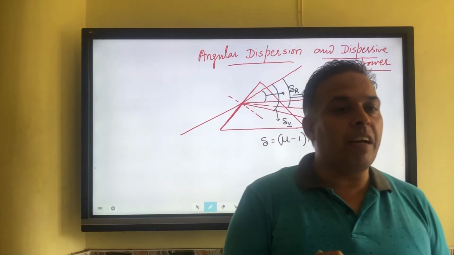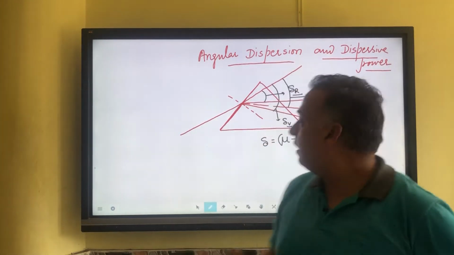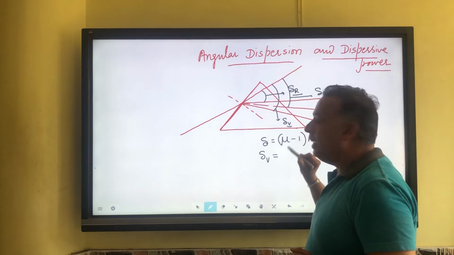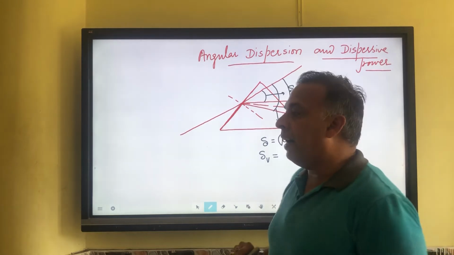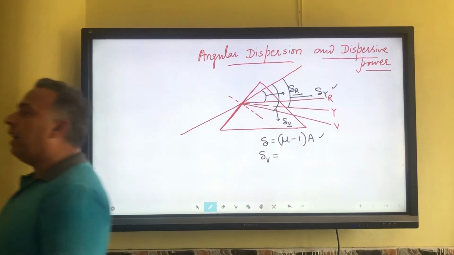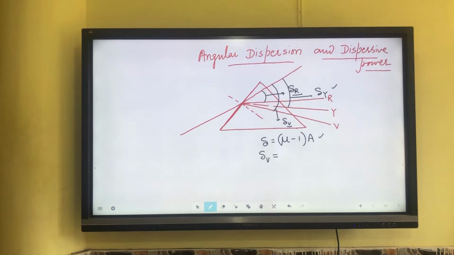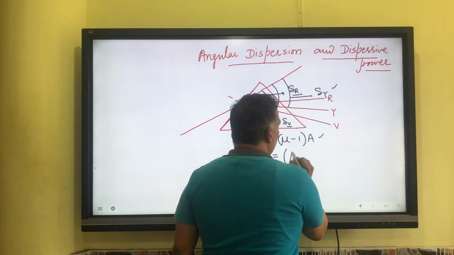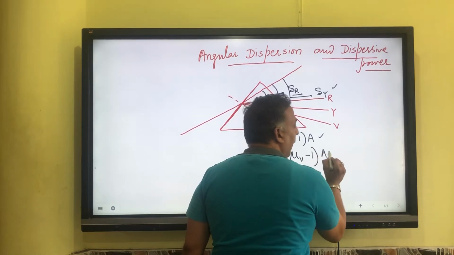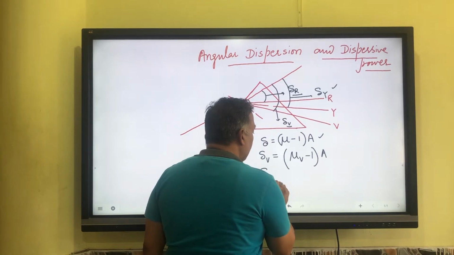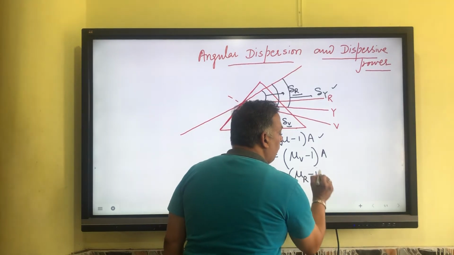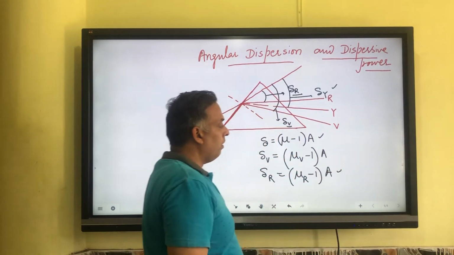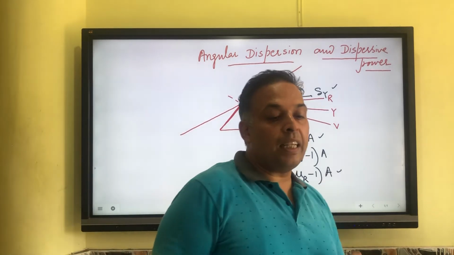The deviation for violet color is delta V, equal to (mu V minus 1) into A, and delta R is equal to (mu R minus 1) into A. So these are the deviations.